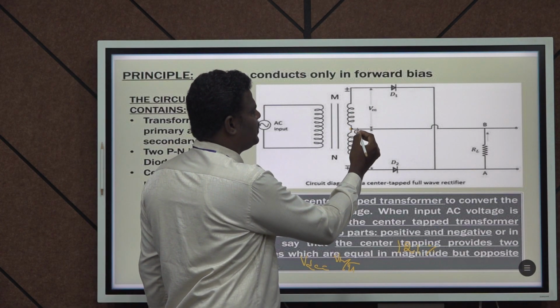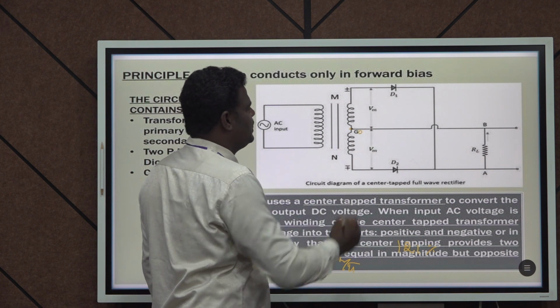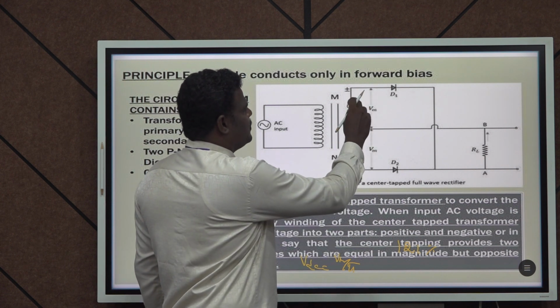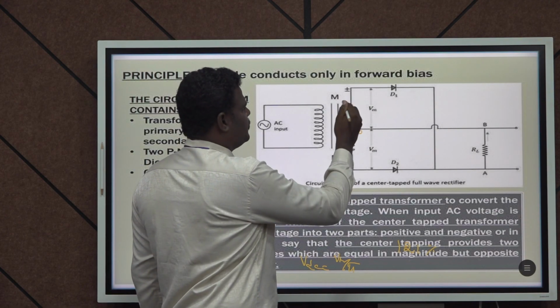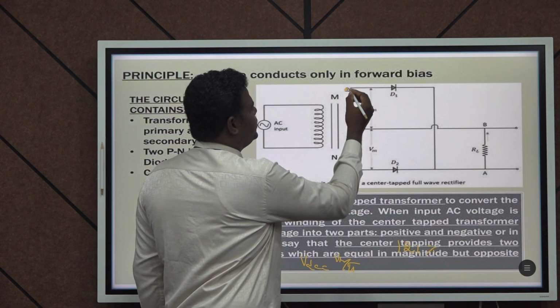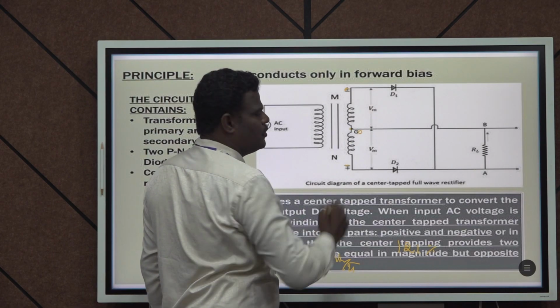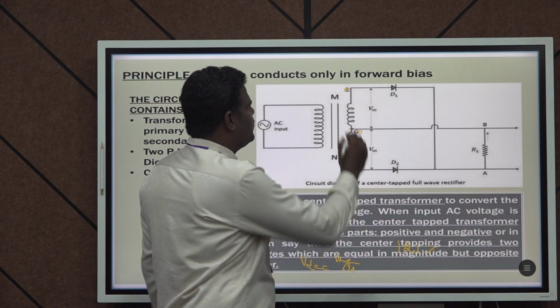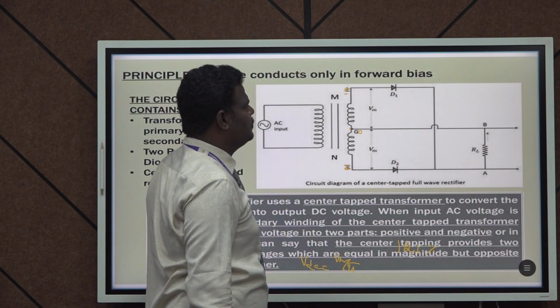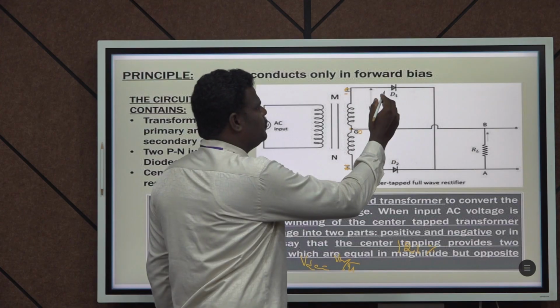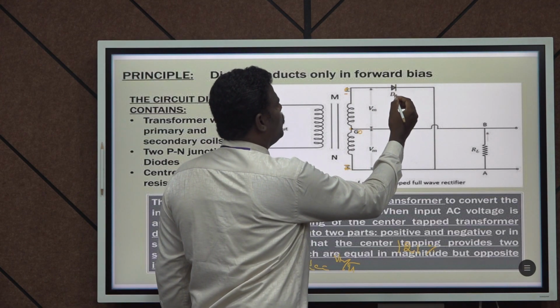This is the ground terminal, which acts like a zero potential, and here we have a positive and here a negative. During the positive half cycle, here we have positive and here negative. During the negative half cycle, here we have negative and here positive. And we have two diodes, D1 and D2.